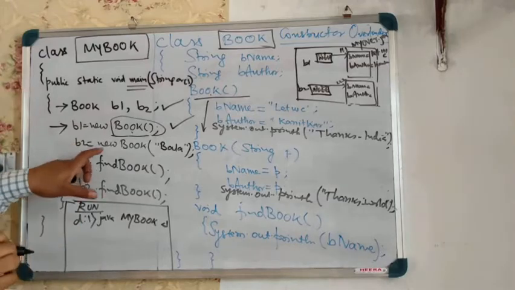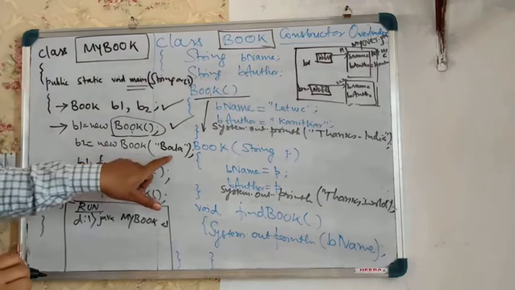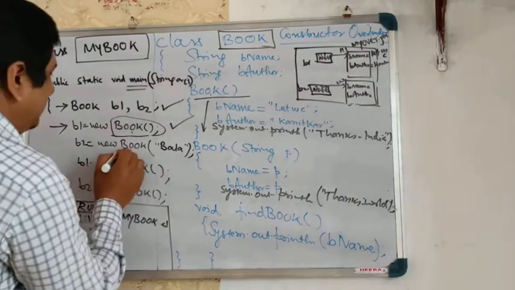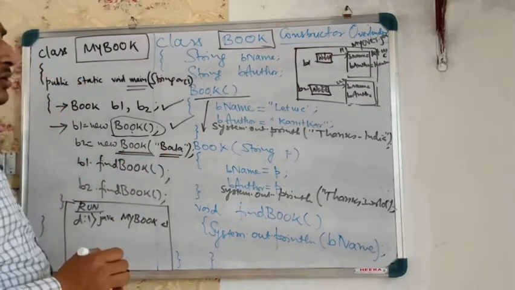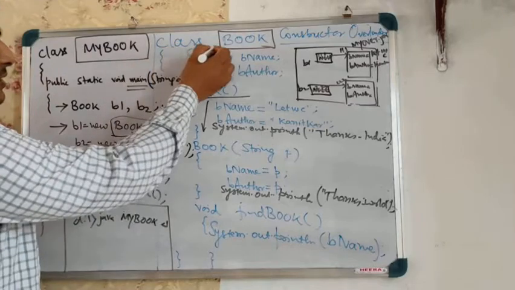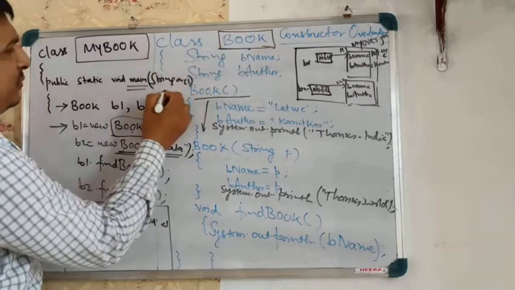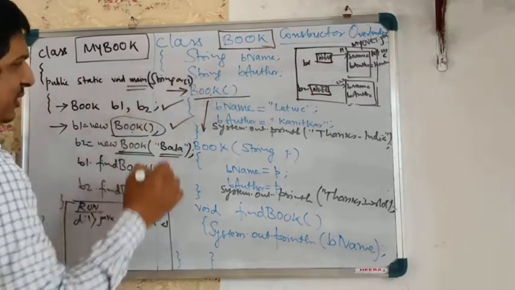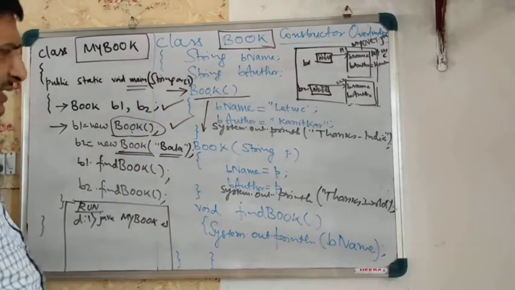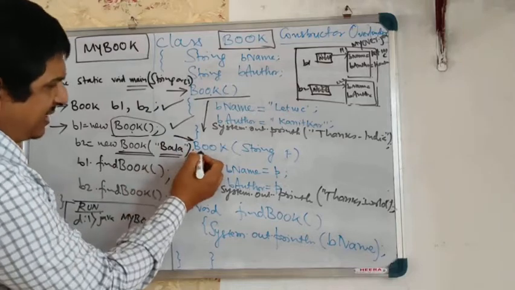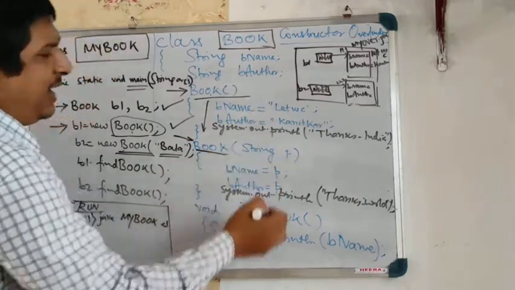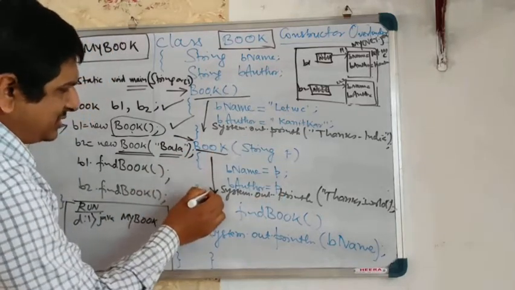Now come to this. B2 equals new Book Bala. So here we have a constructor with one parameter also. It will go directly into the class and find out whether it matches with the first one or not. No, it is not matched. Again it will check with the second one. Is it matched or not? Yes, it is matched. So it will execute these three lines.